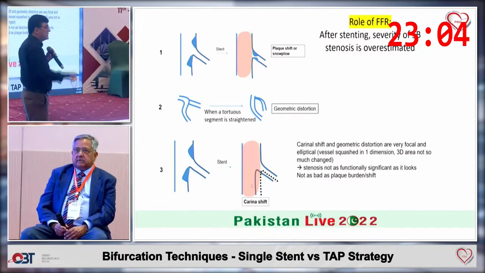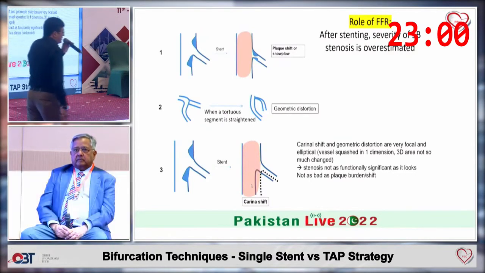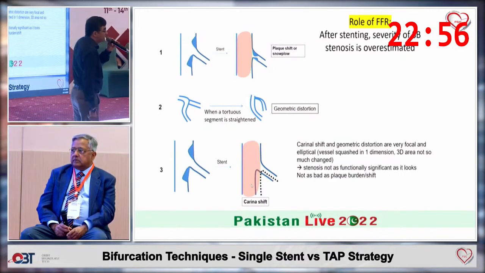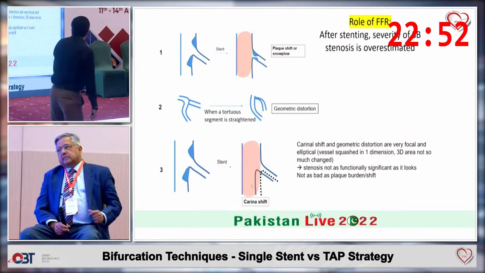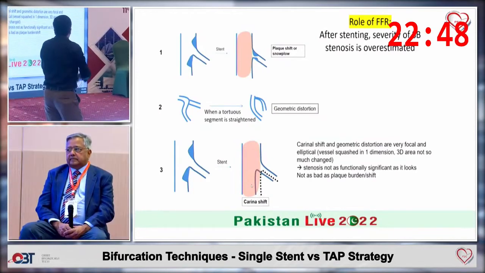Yes. So I was telling you about the FFR. Even if the ostial side branch looks pinched and looks very much diseased, it's not necessarily plaque shift which is causing it. It mostly can be a geometric distortion in case of a tortuous vessel, or it can be a carina shift.